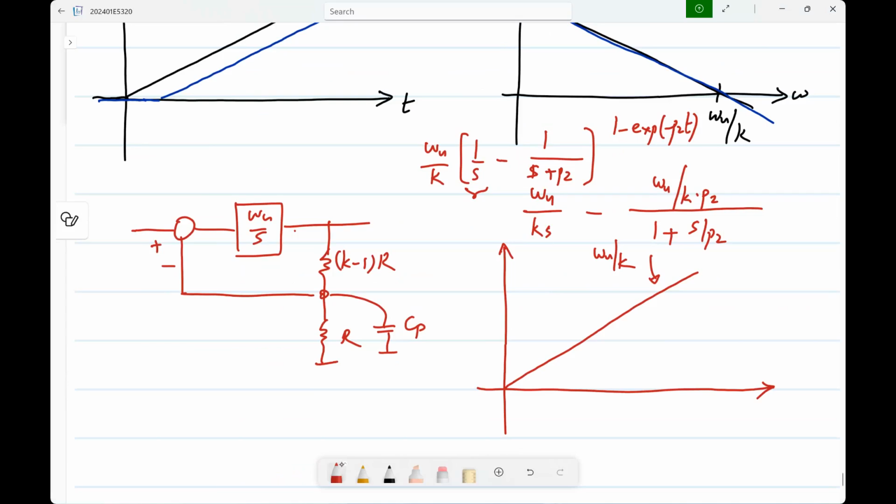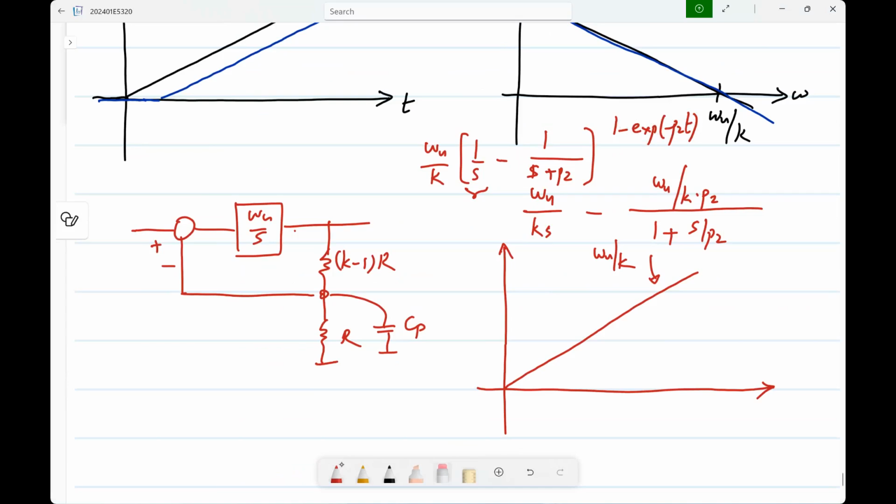also common to say the pole is at P2, but obviously the pole is in the left half plane, it's at minus P2. Okay. So what will this look like? What is the starting slope of that? What is the slope of it just after t equal to 0?